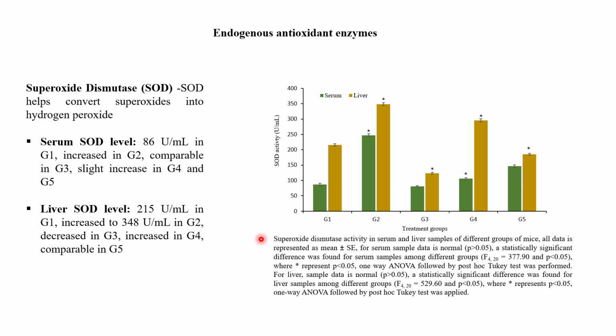We use a one-way ANOVA test followed by a post-hoc Tukey test. The result of ANOVA shows that the degrees of freedom for this experiment are 4 and 20, and the p-value is less than 0.05. It means there is a statistically significant difference for both the serum and liver levels as compared to the control group.